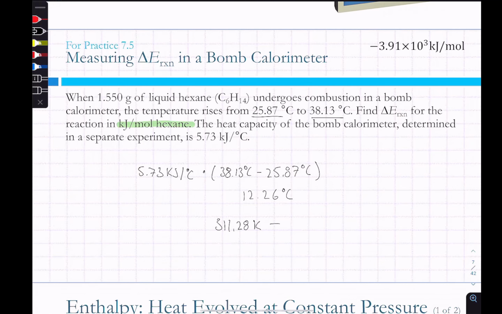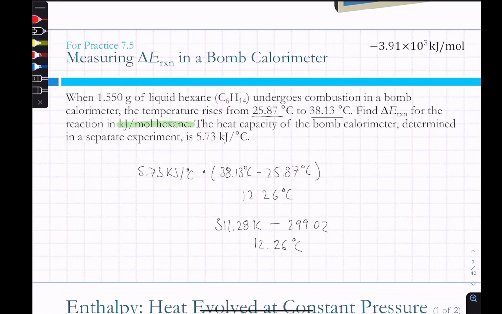That's Kelvin. And that's 12.26 degrees C. This works because 1 Kelvin and 1 degree C are the same size, so any difference is going to be the same.